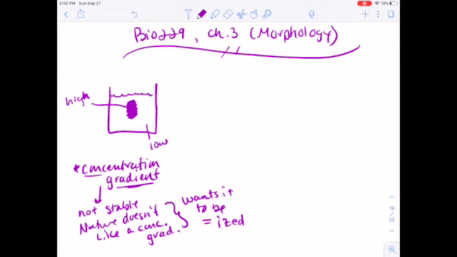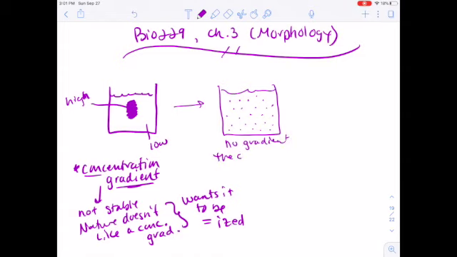All right, so if we let this glass of water sit around for a while, all those purple dye molecules are going to spread out, and there's not going to be a high area of concentration and a low area. Everything will be equal concentration. So there is no gradient here. We say the gradient has been equalized.